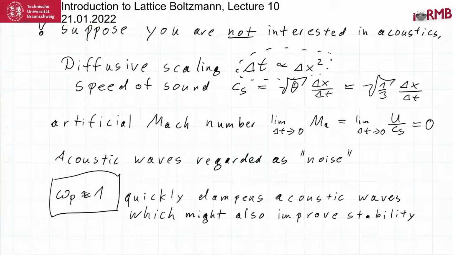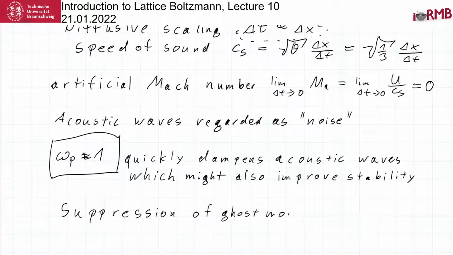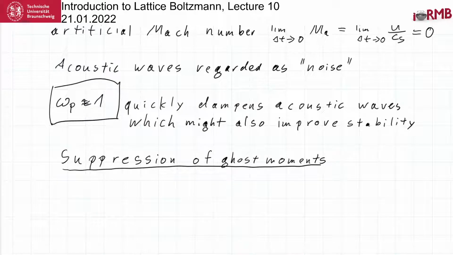So this was about omega p. Yeah, and then there's the other ones, omega 3 and omega 4, and they are the ghost moments, and they can also be suppressed in a similar way. So the suppression of ghost moments. So there's also information in these ghost moments, but these ghost moments are not related directly to the solution of the Navier-Stokes equation. So let's write this down.